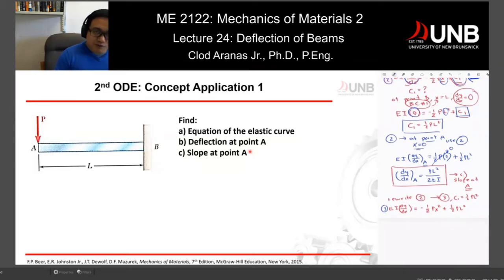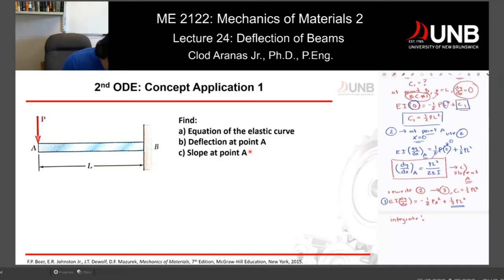Now from equation number 3, we can integrate this further and get our deflection. Once we integrate, on the left side of the equation we get EIY. Now that would be equal to, this is squared, so that would become raised to 3. So you have to review your integrals.